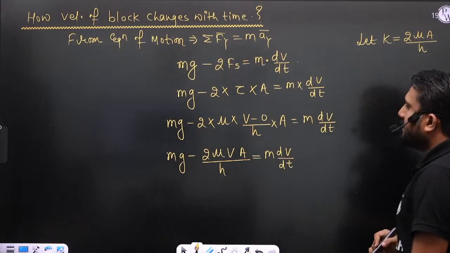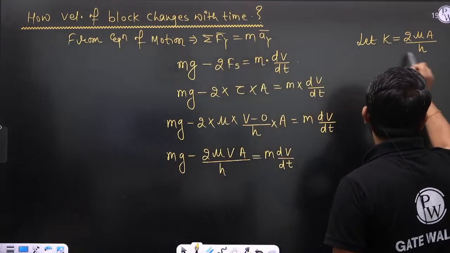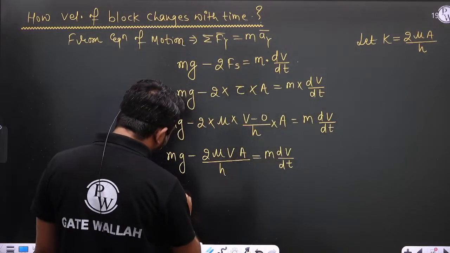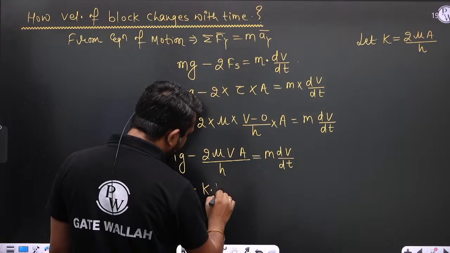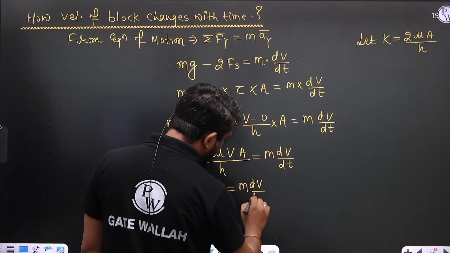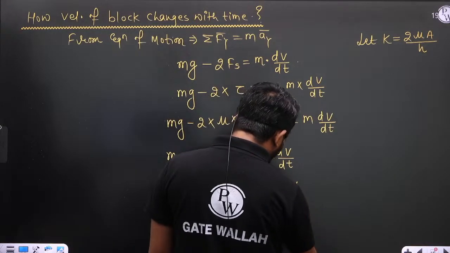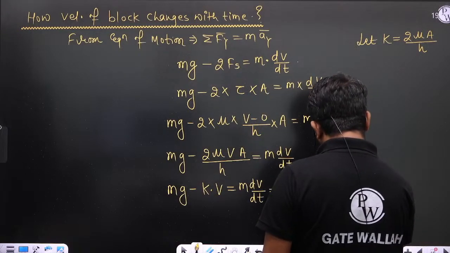Since 2, mu, A and h are all constant, I considered this as another constant k. So we can write mg minus k into v is equal to m dv by dt.